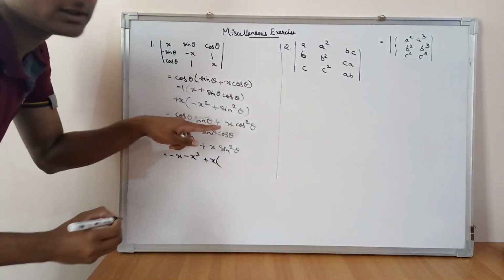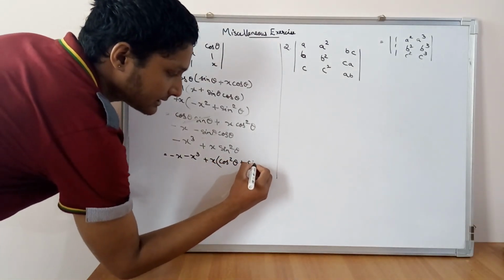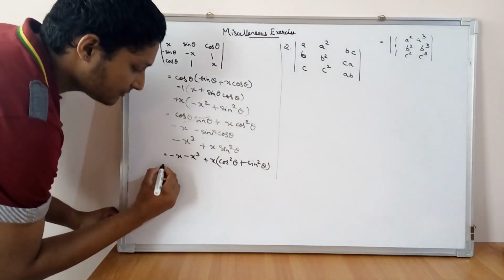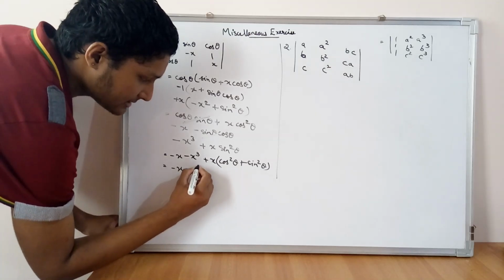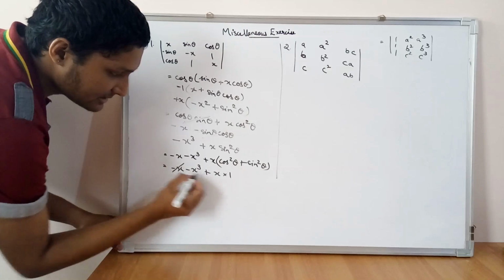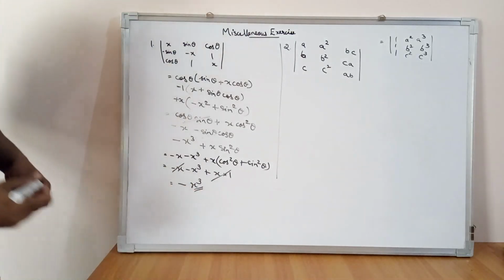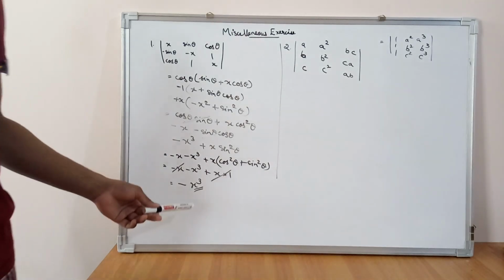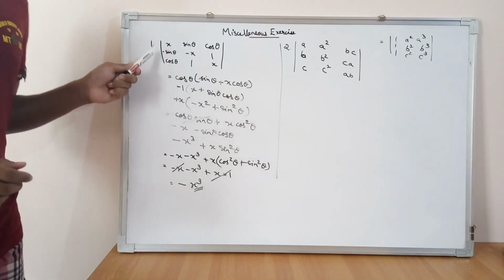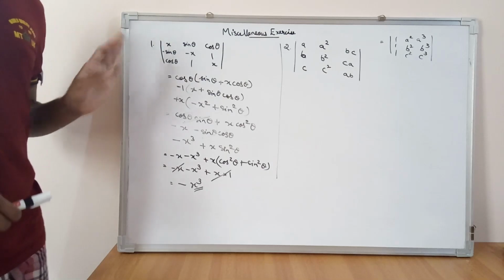Then I take x common out of these two and write cos square theta plus sin square theta. Cos square theta plus sin square theta was 1. Therefore I get minus x cube plus x into 1. So minus x and plus x will get cancelled. You get minus x cube as the answer. So minus x cube has only an x term, no theta term. Therefore you can tell that the determinant value of this is independent of theta. That's all about the first question.